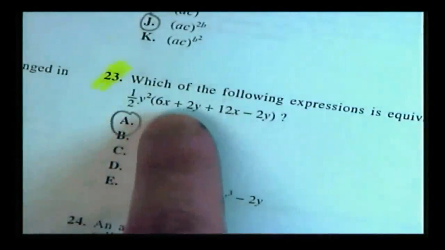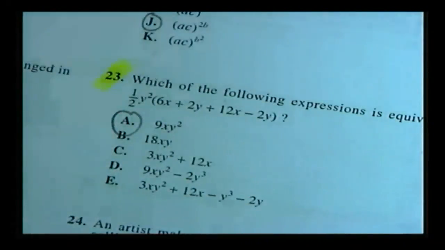Which of the following expressions is equivalent to this out of these? So we have 1/2 y squared times the quantity 6x plus 2y plus 12x minus 2y.